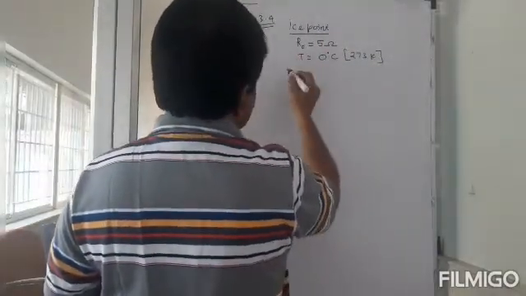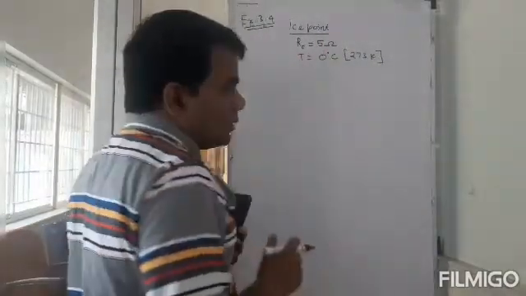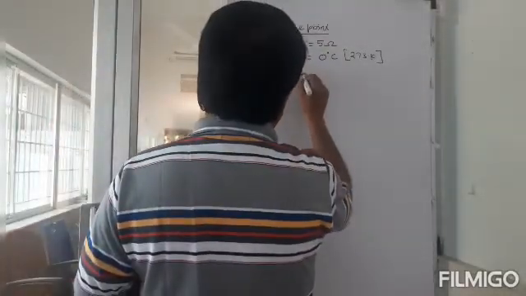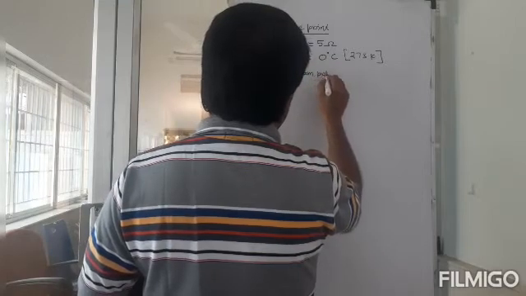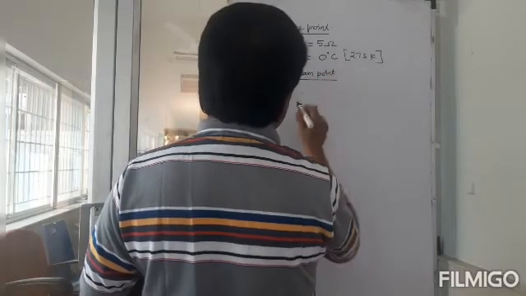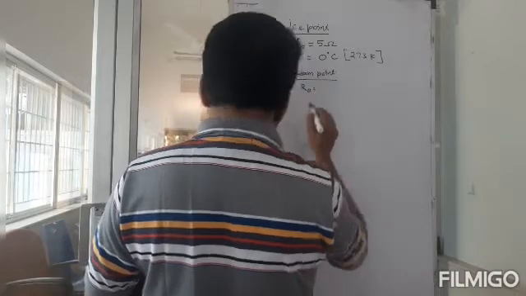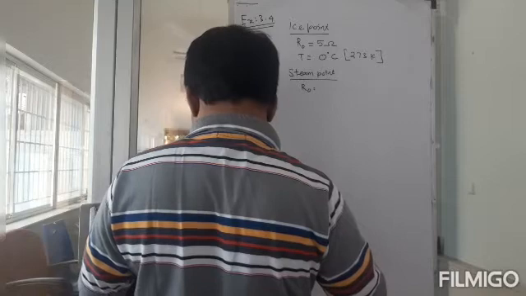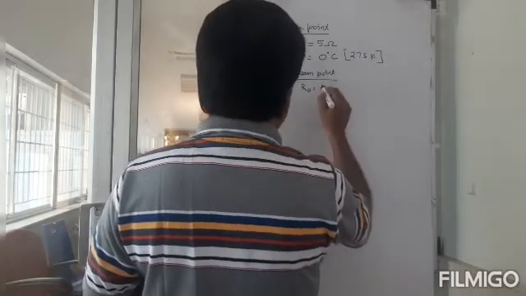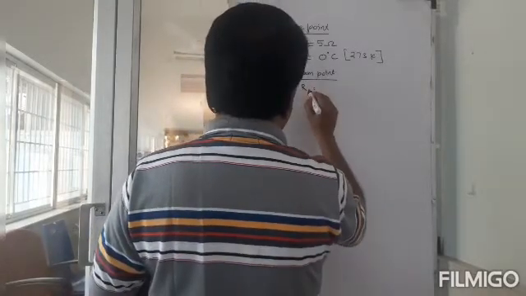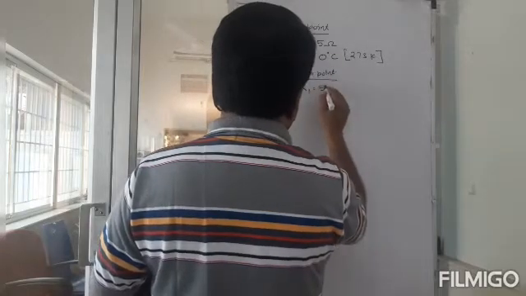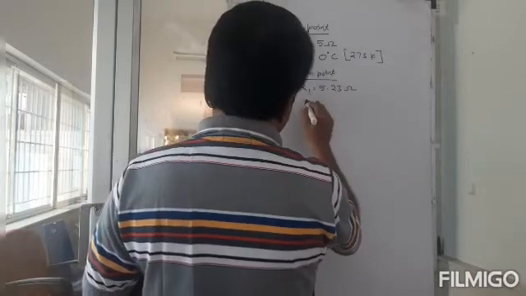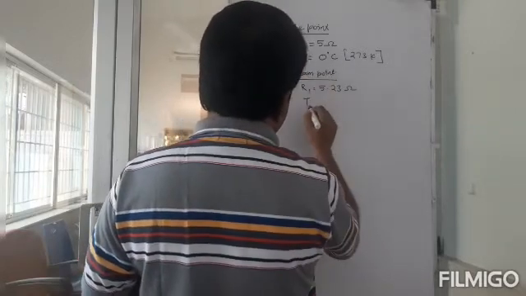Then the second piece of information is this. At the steam point, the resistance I'll call R1, since it's a different temperature, and it is 5.23 ohms. I'll call the ice point temperature T0 and this temperature T1.